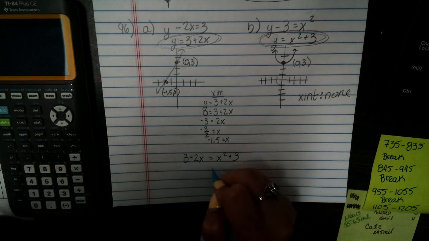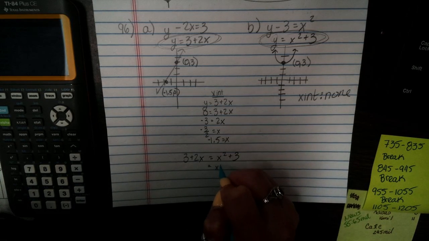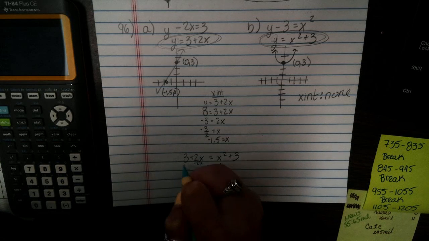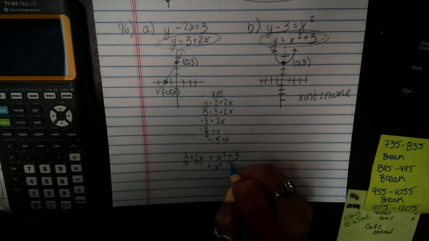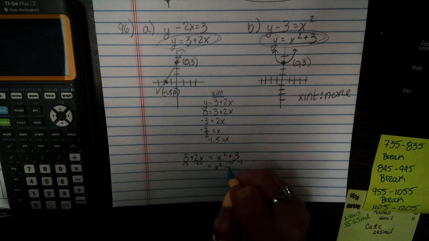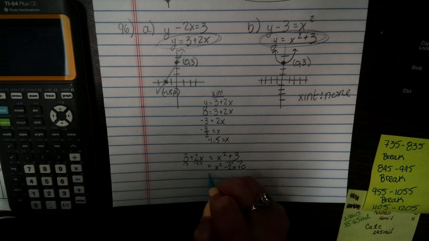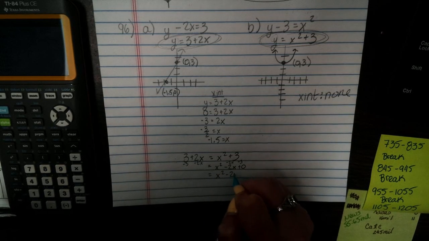So then minus 2x minus 3 on both sides. So I have minus 2x and then plus 0. So I have x squared minus 2x.